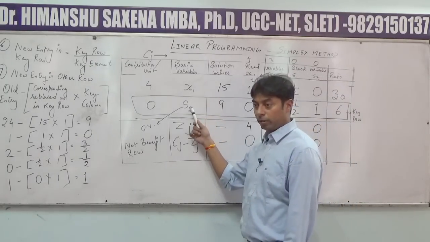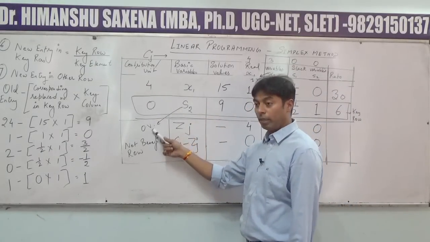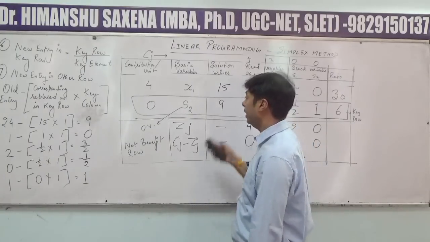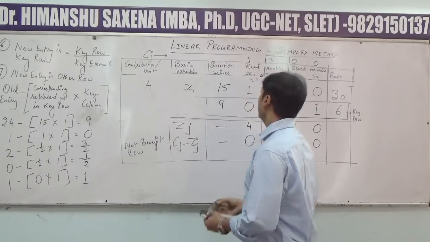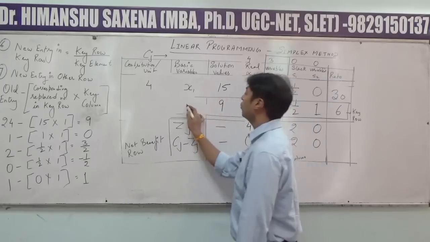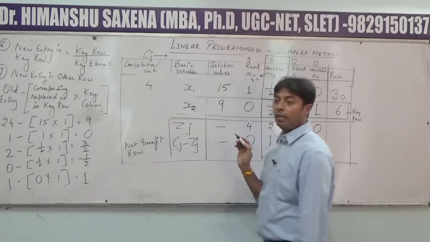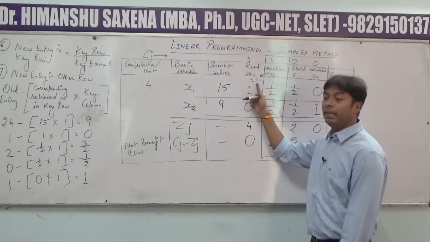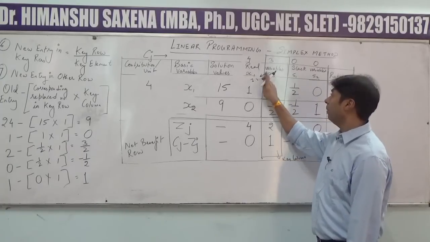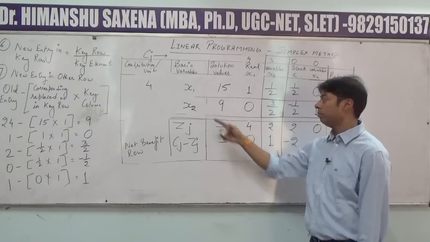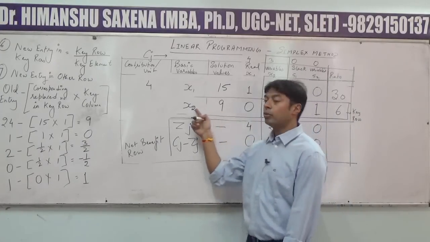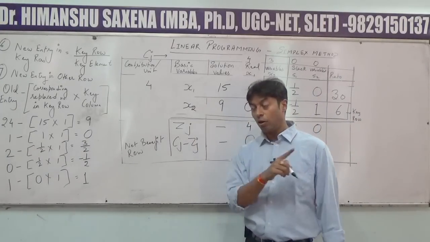S2 is going out, right? So S2 was an outgoing variable. In the second table S2 will go out, and in place of S2 X2 will come in. Since X2 was the incoming variable, it will come inside the next table, and S2 was an outgoing variable, so it has gone.